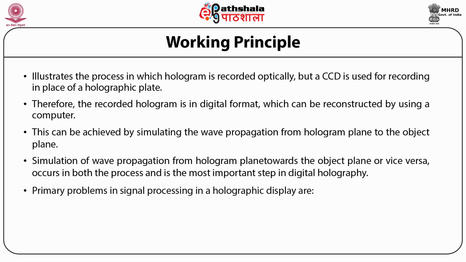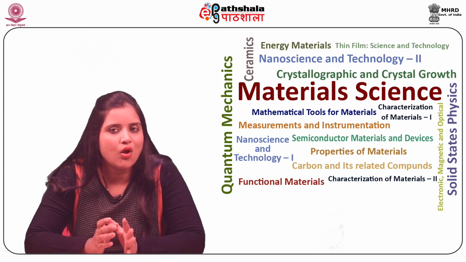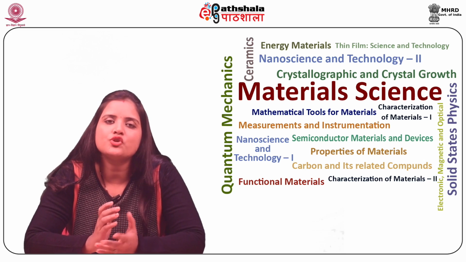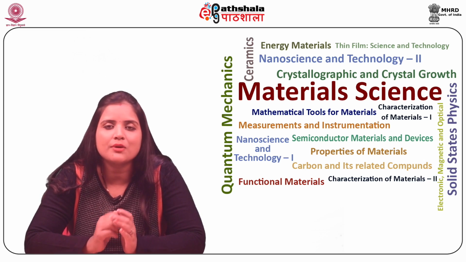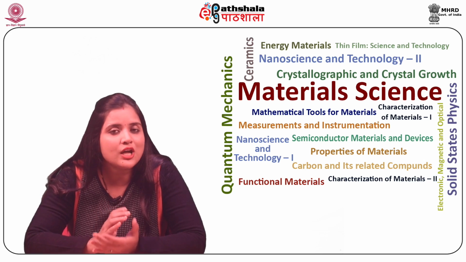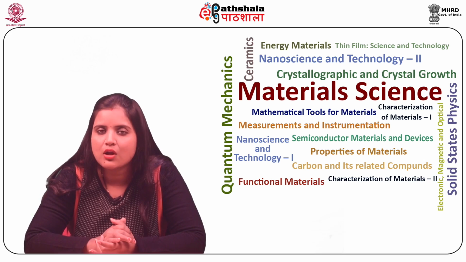So, the primary problems in signal processing in a holographic display are: first, the forward problem, and another one, the reverse problem. The forward problem involves computing the distribution of the light field arising over the entire three-dimensional space from the three-dimensional object or feature to be holographed.